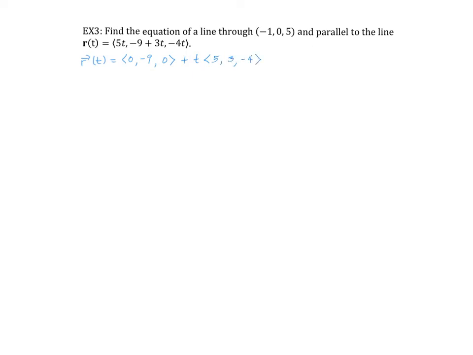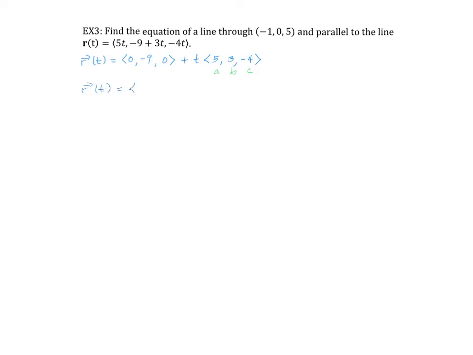So you can double check by distributing the t and combining those two vectors with addition, and we should get back to our original vector. So the whole point is to figure out my A, my B, and my C. My equation is going to pass through the point -1, 0, 5.